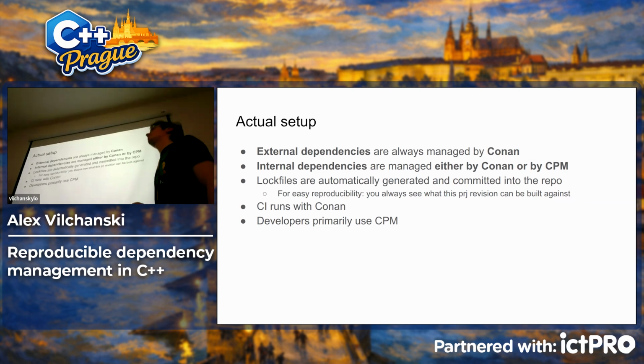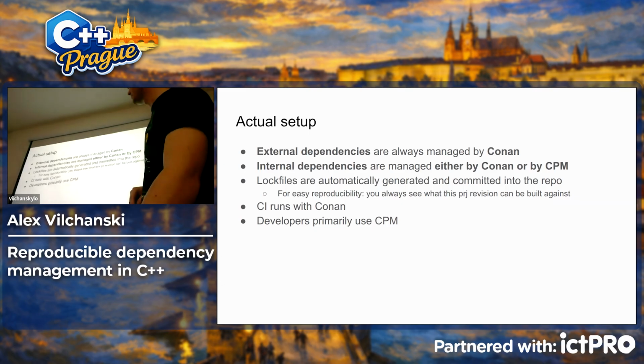Usually for CPM, it's easier to edit this by hand, because as a developer you face the CPM lock files much more often on your local setup. And basically the main idea is that Conan is the official way via CI, or the CI uses it. And the developers can get by with CPM.